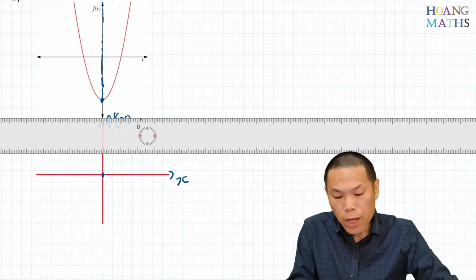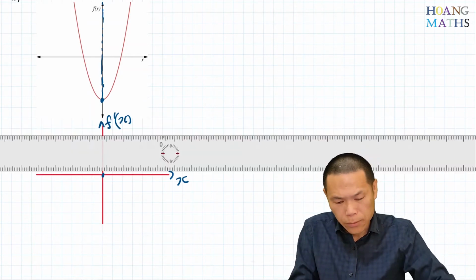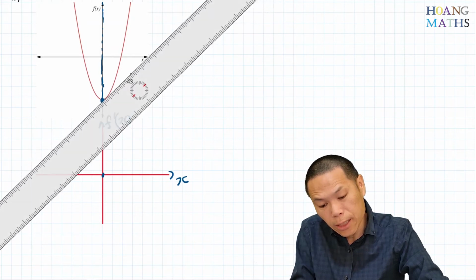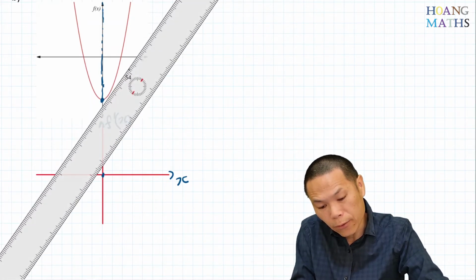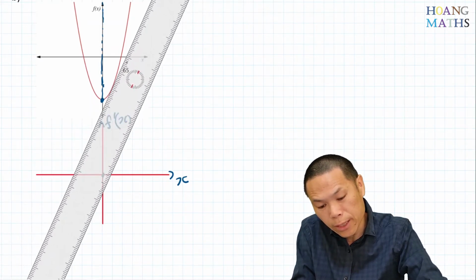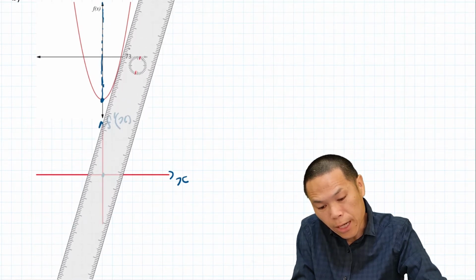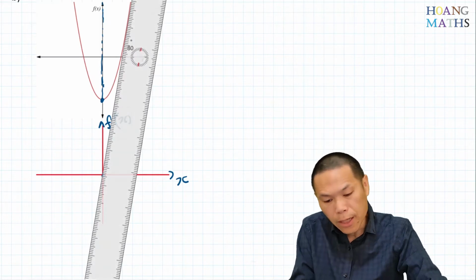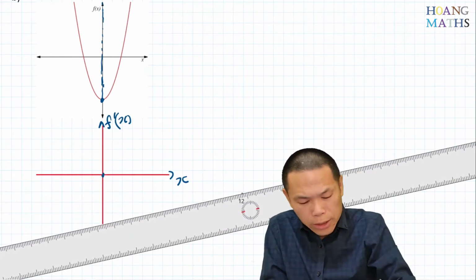If I use a ruler to work out the gradients, you can see along here the gradient is increasing. When x increases, the gradient increases, and toward the top it's almost infinity. Let me write the sign for you.